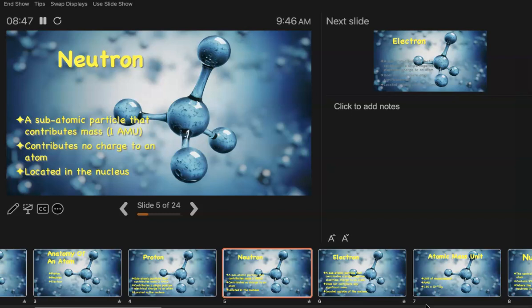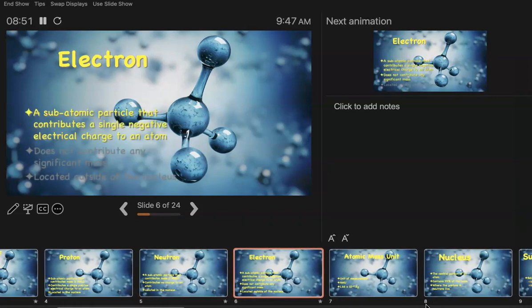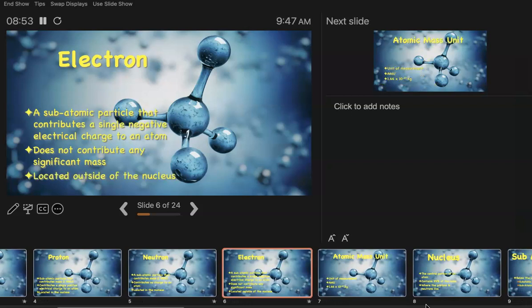And it lives in the nucleus as well. Electrons, a subatomic particle that contributes a single negative electrical charge to an atom, does not contribute any significant mass, and is located on the outside of the nucleus.